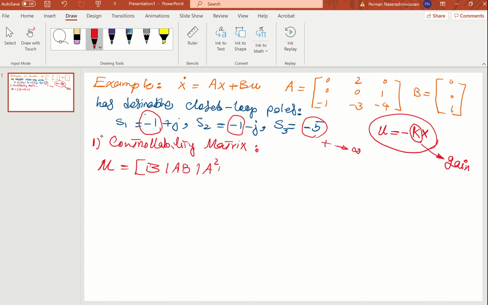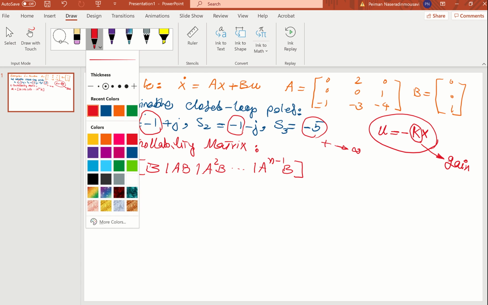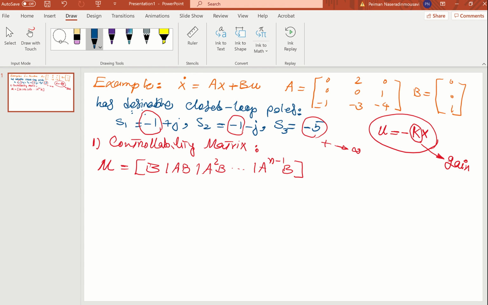Remember this is the general form. Because n is 3, this is a 3 by 3 matrix. So n minus 1 is going to be 2, so for this problem it's B, AB, A squared B.